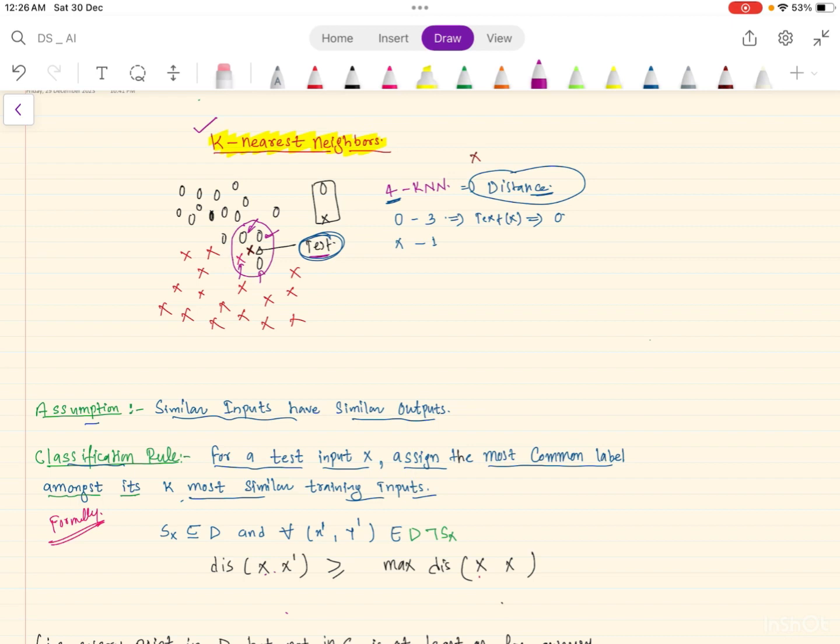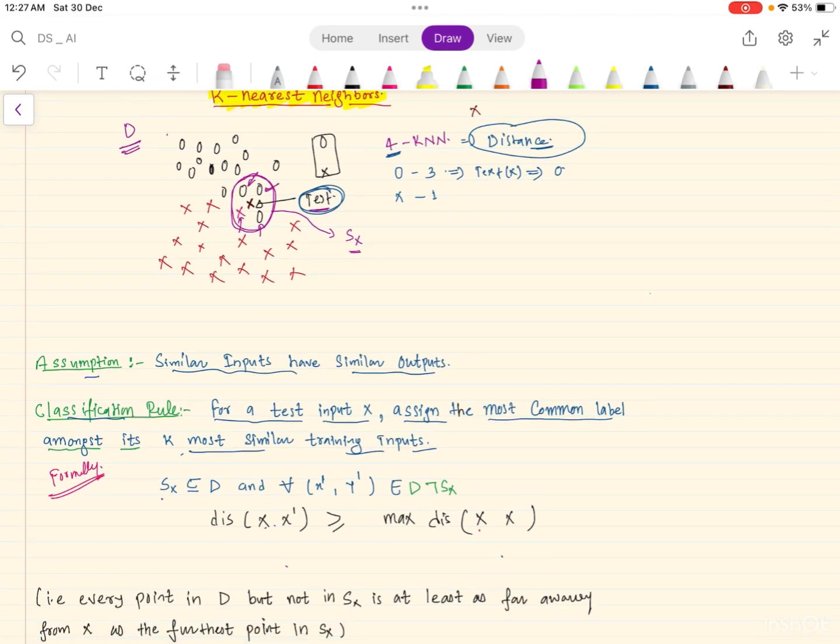So let's suppose this is the set Sx. What is Sx? The data that belongs to this k nearest neighbor. Let's call D the complete training data, right? Let's look at how we can formally define this.